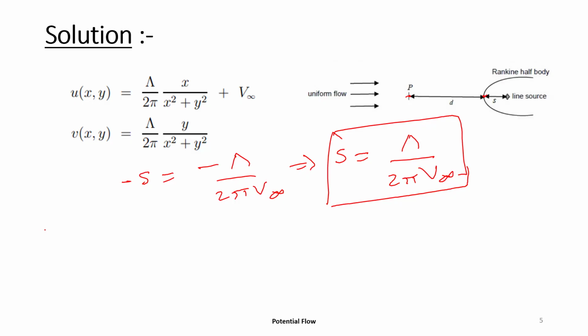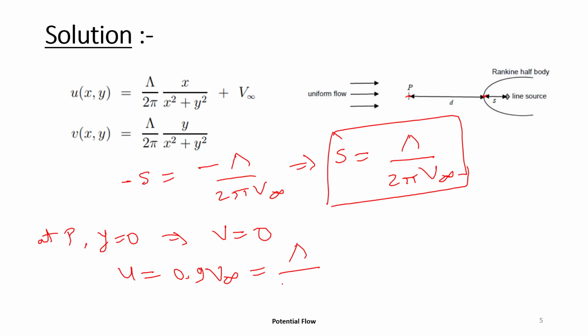So at P, y equal to 0, so it means V equal to 0. So only u will be 0.9 of V infinity, which is lambda upon 2 pi, x upon x square plus y square, plus V infinity.